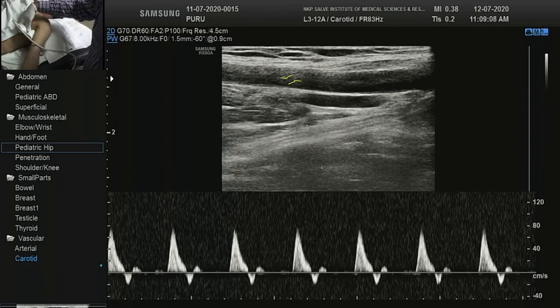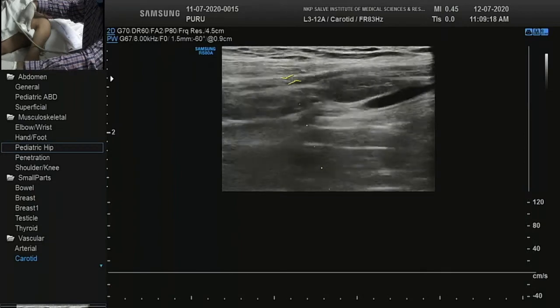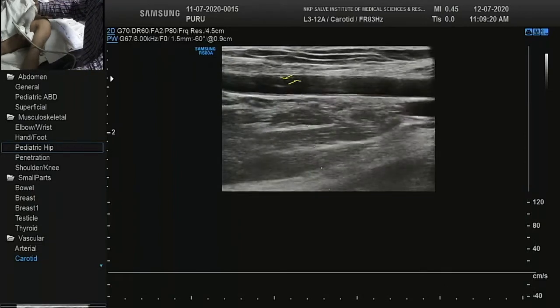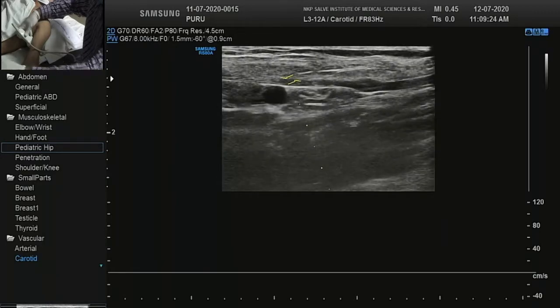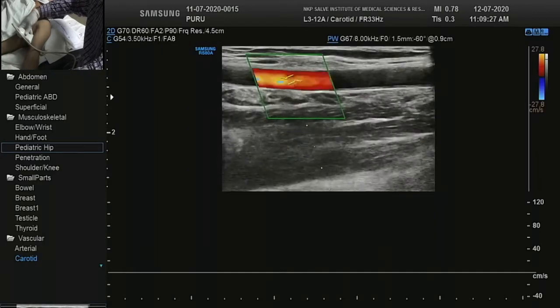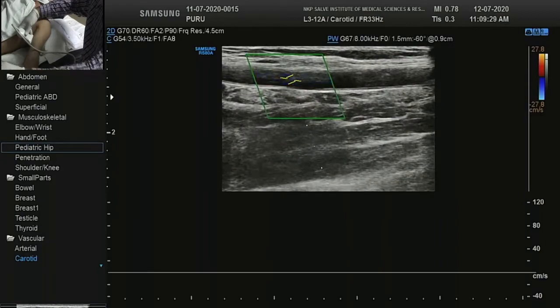For everybody's information, let me tell you that the spectrum came first. First it was incorporated in the machines and long back it was used. The color Doppler came at a later stage, but it has made our life very easy. So we'll add color to this screen and then do it.